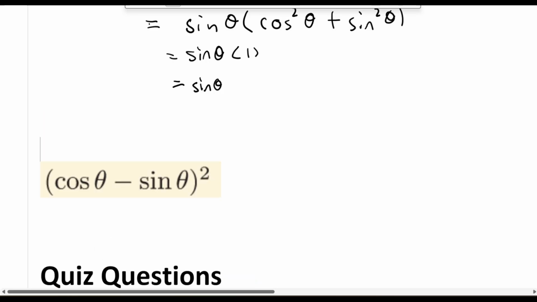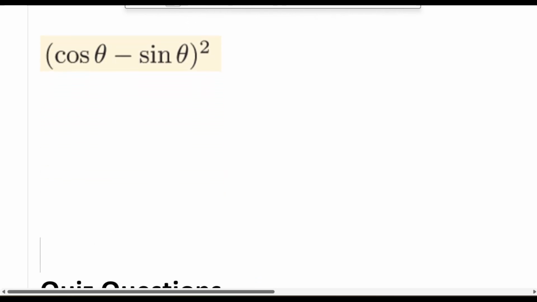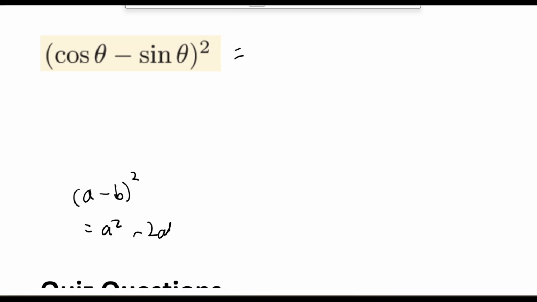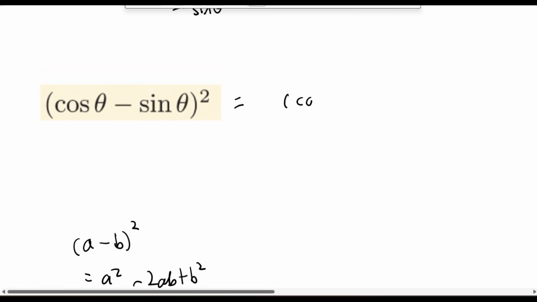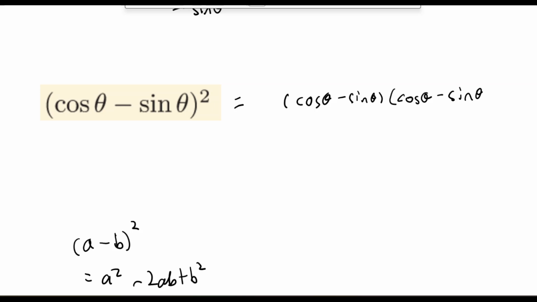Okay, cos take sine all squared. So what we need to do is use this identity. A take b squared is a squared take 2ab plus b squared. Or you could just write this as cos theta take sine theta times itself if you forgot that identity. That would also work.